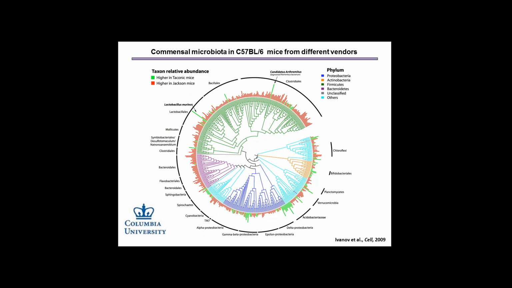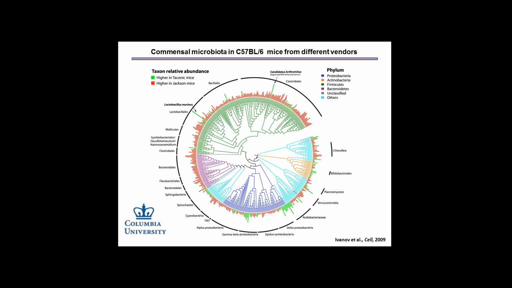In fact, you can see that the Jackson microbiota is somewhat more diverse in this figure, but there are individual OTUs that are overrepresented in Taconic mice, and we were really interested in bacteria that are in fact present versus absent, so very large differences between the two groups.